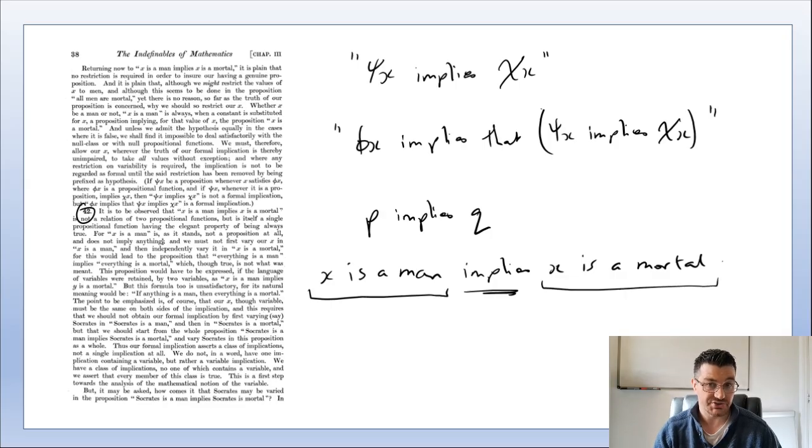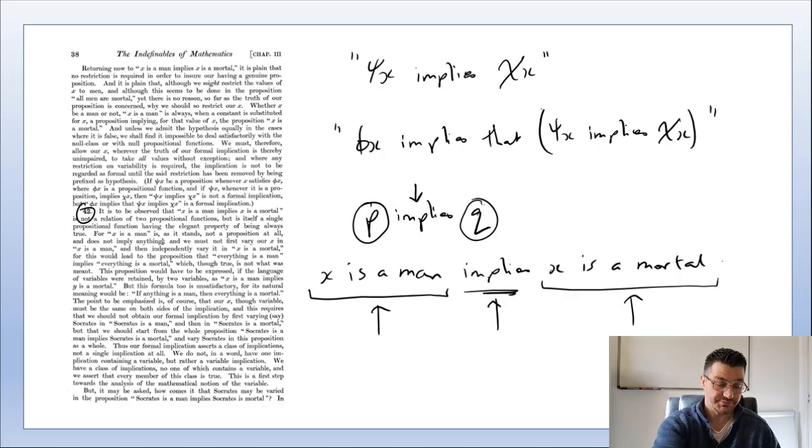So this is quite a distinction, right? This implication, which is a material implication, is a relation between this fixed proposition P and this fixed proposition Q. But this implication, which is a formal implication, is not a relation, in Russell's view, between the propositional function x is a man and the propositional function x is a mortal. It is itself a single propositional function having the elegant property of being always true.